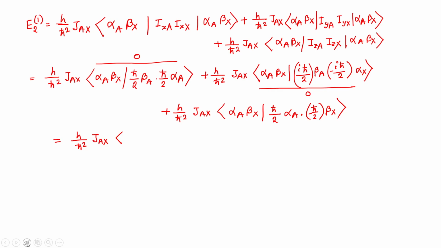I will directly write minus h cut square by 4, and the rest, I will write it once maybe, alpha A beta X, alpha A beta X. This is a normalization condition, so you are going to get minus hJAX by 4. So your second energy level correction is this.